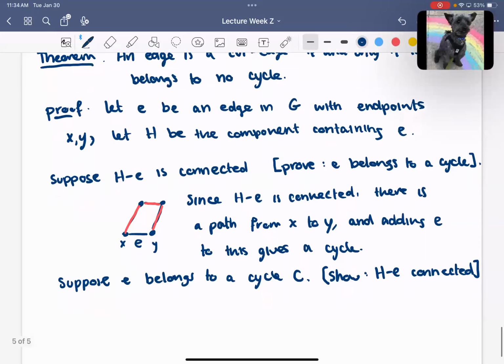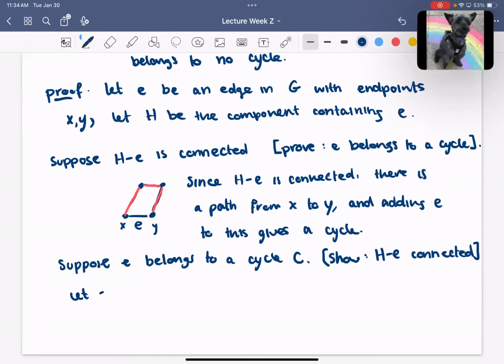Okay, so let's let U and V be vertices in H. So these are two vertices of H minus E. And we want to show that there's going to be a path in H minus E between them.